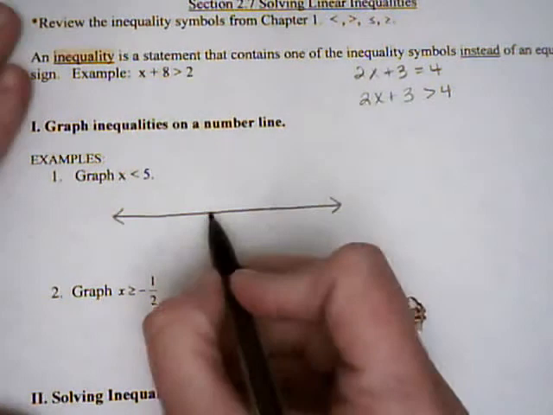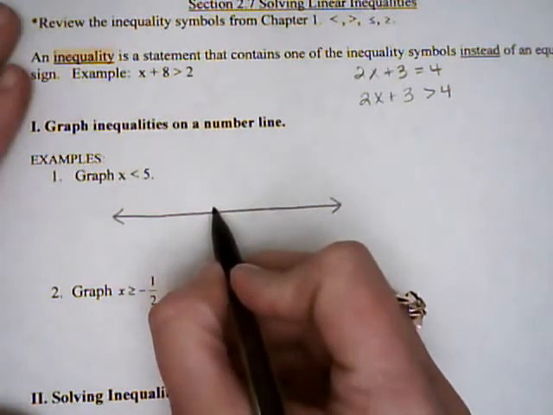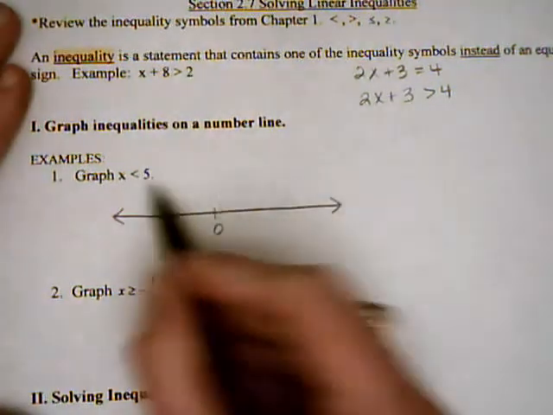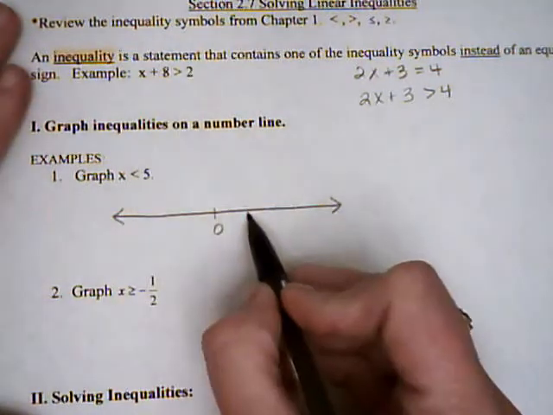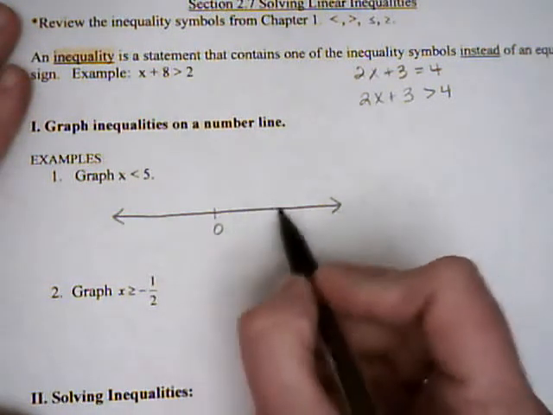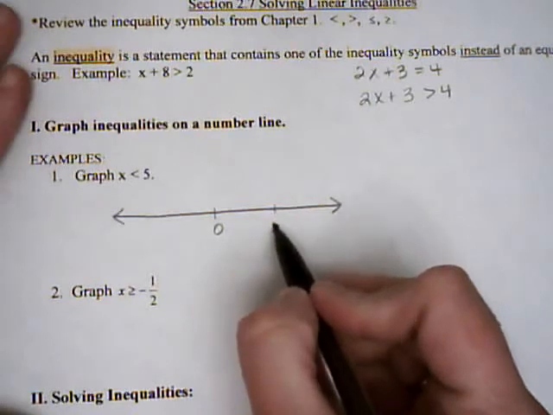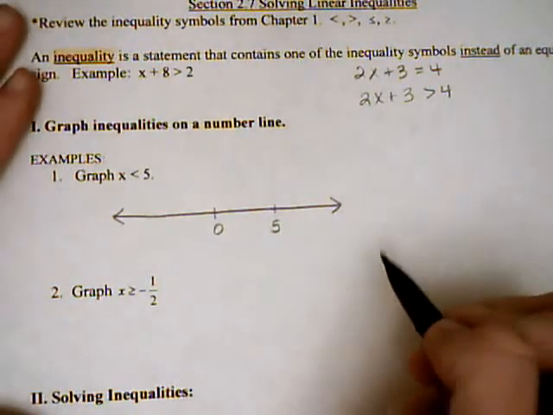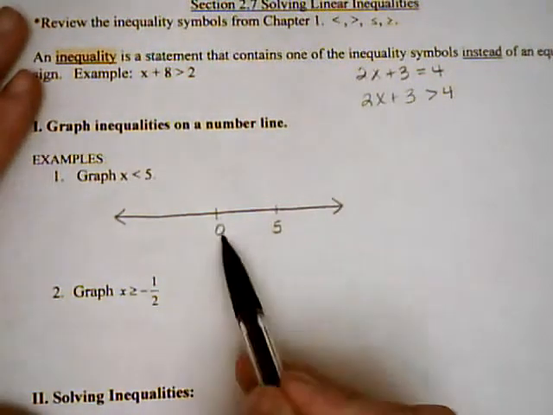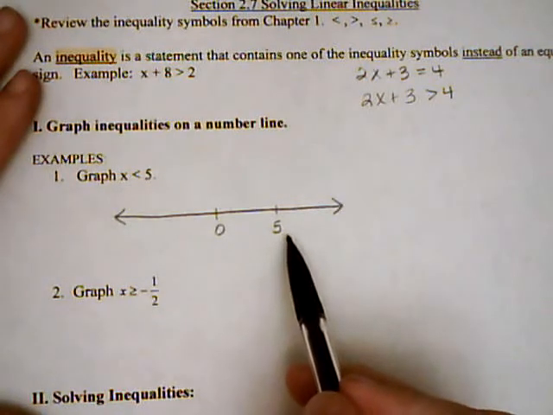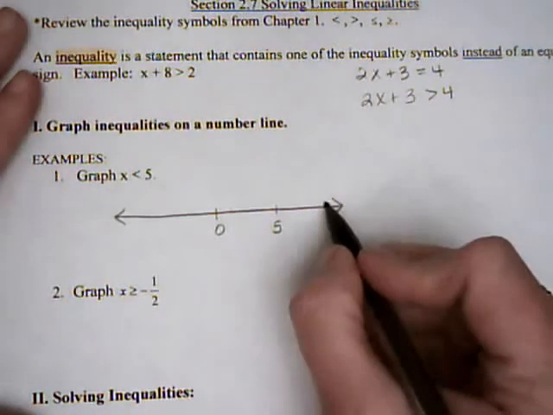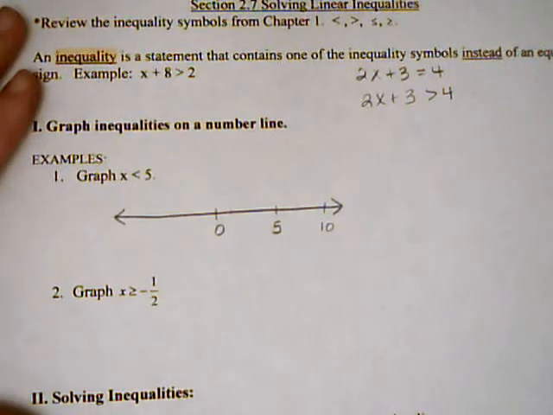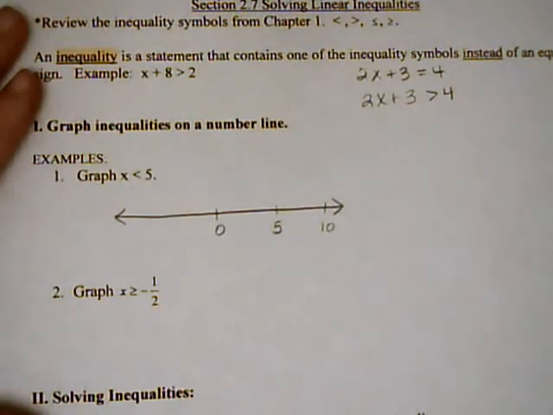Now I'll put 0 in the middle. Where is 5 going to be? You don't have to write every single tick mark. I would just say I know 5 is out here to the right of 0, just to give yourself a marker that you know where it is. Maybe I'll put 10 out here a little bit further. I'm going to shade all of the numbers that represent the numbers less than 5.